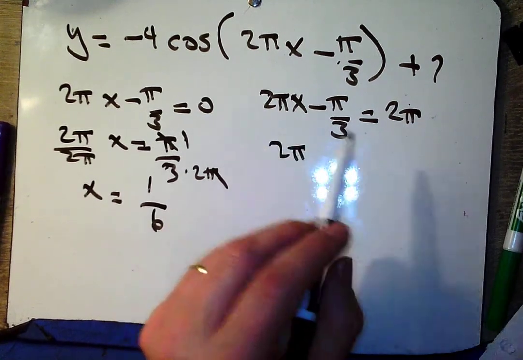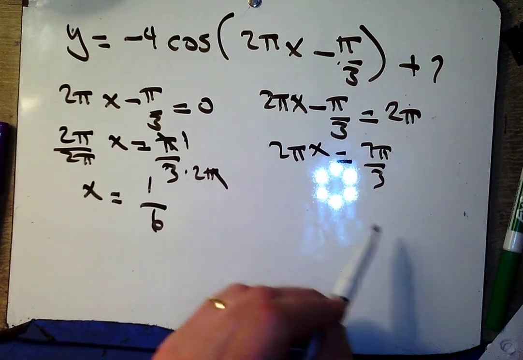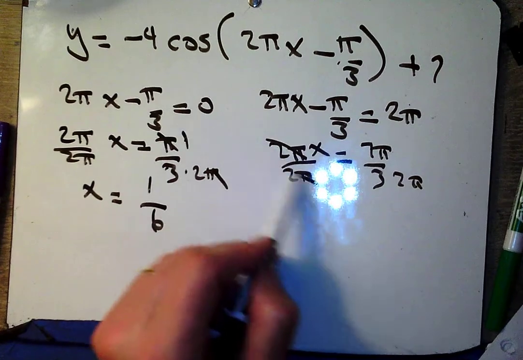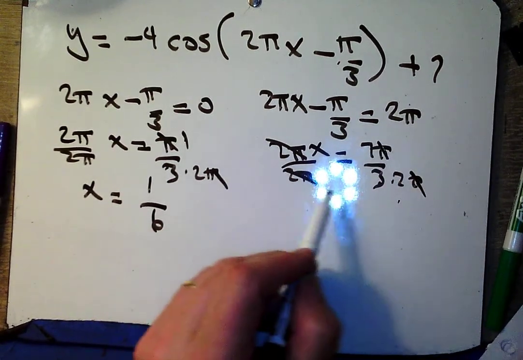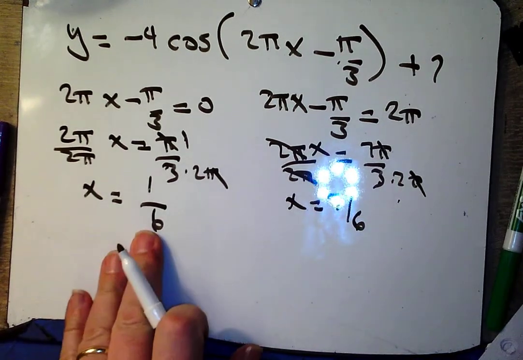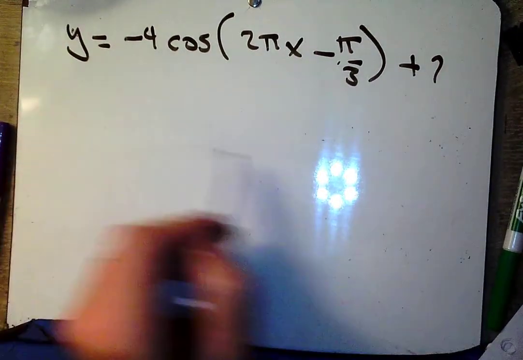So 1 pi over 3 plus 6 pi over 3 is 7 pi over 3. And I'm going to divide by 2 pi. So I'm getting 6 again, and the pi's cancel, and so x equals 7/6. That period starts at 1/6, ends at 7/6. Okay.